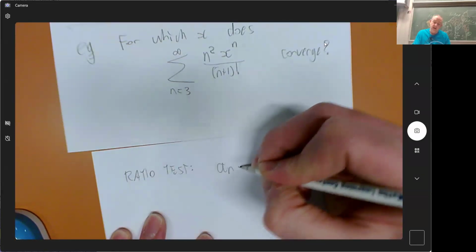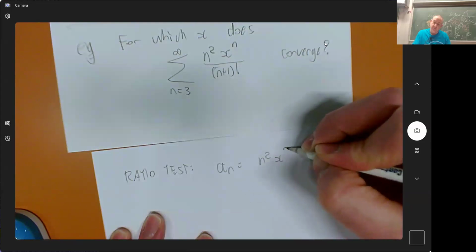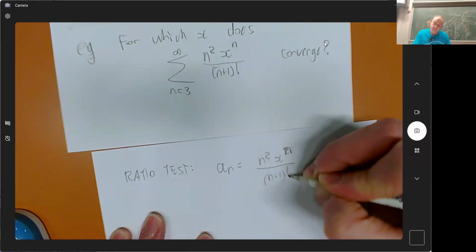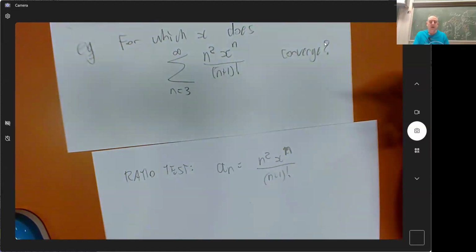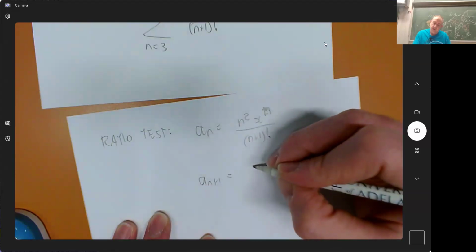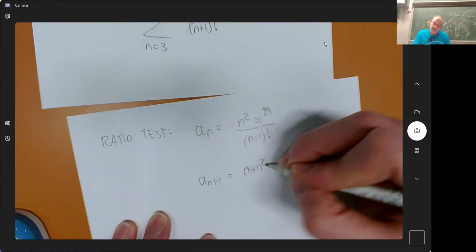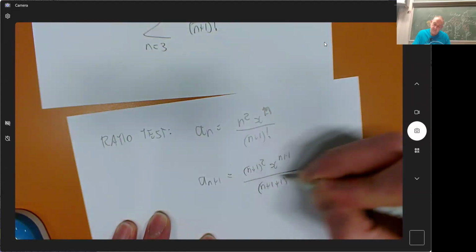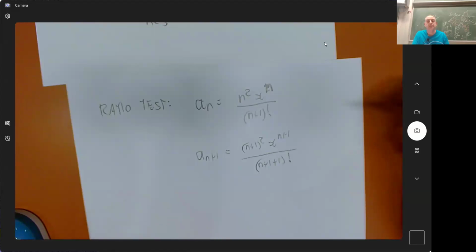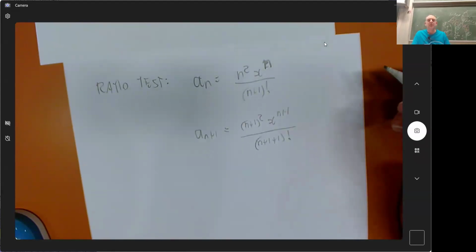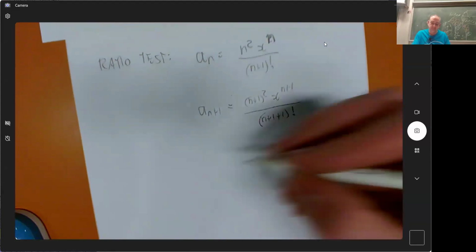So I'll say a_n is this entire thing. And then a_(n+1) is the thing with n plus 1 everywhere there's an n. And then the ratio test requires me to do a_(n+1) divided by a_n.